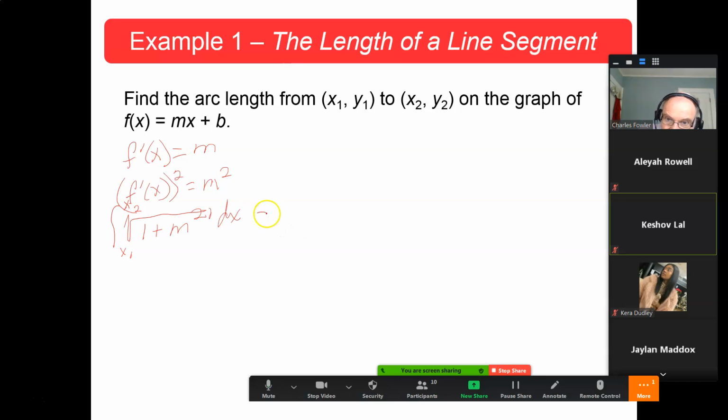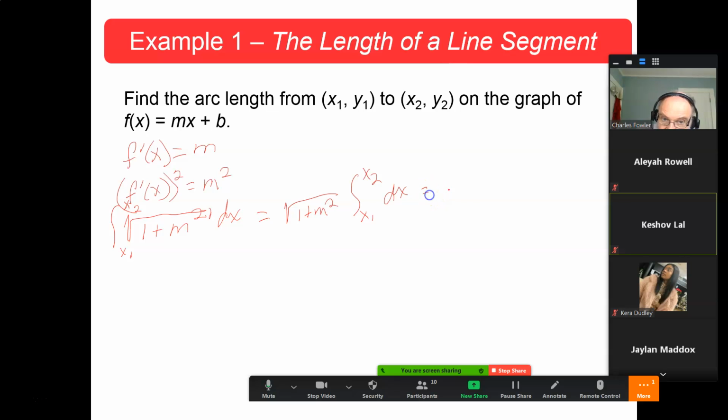Now, guess what? M is a constant. M squared is a constant. The square root of 1 plus m squared is a constant. So all that can come outside your integral: the square root of 1 plus m squared times the integral from x1 to x2 of dx.